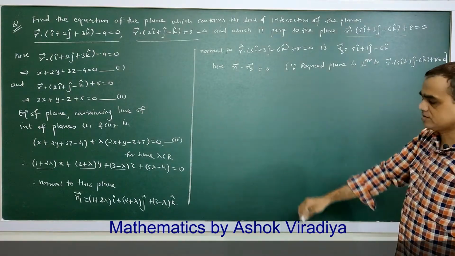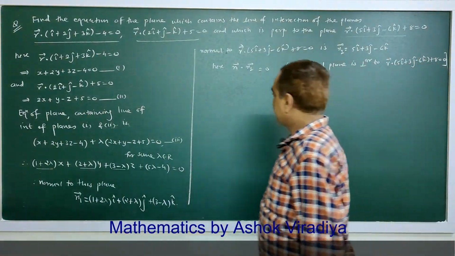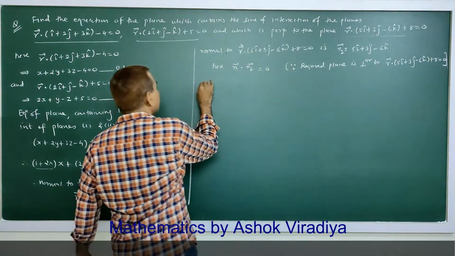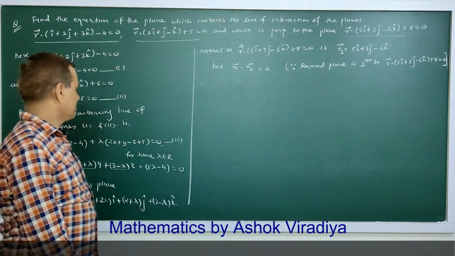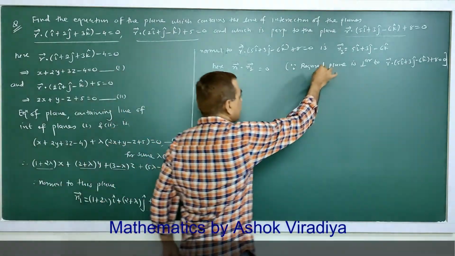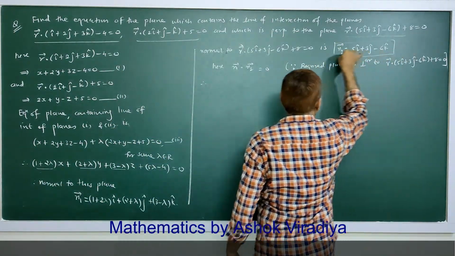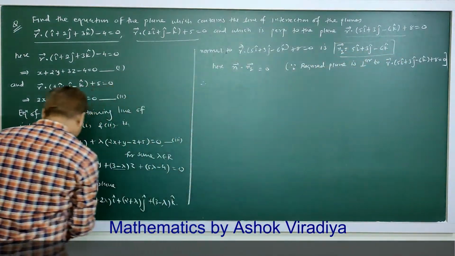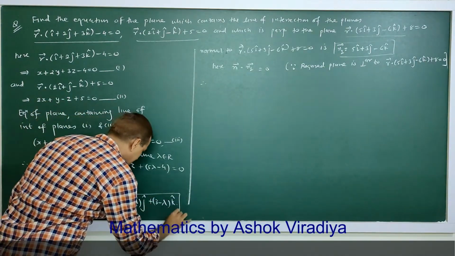This is the reason. So therefore, solving this equation we can find the value of lambda. Now this is vector n1, this is vector n2. Now we are taking a dot product of these two vectors.